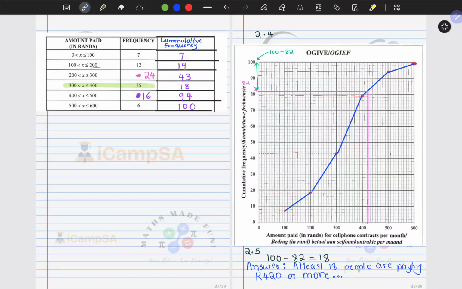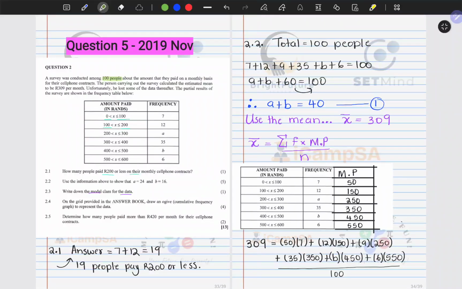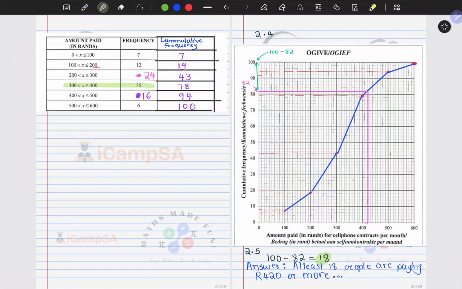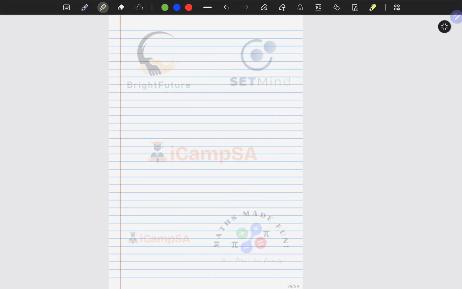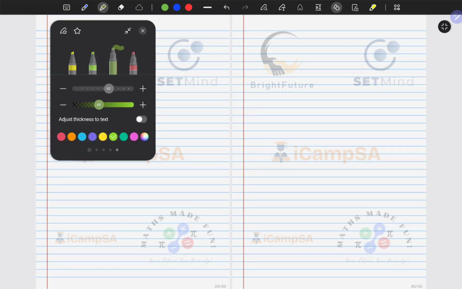Okay, so that is what we are supposed to get for this question here. Okay, so I hope that you guys understand, but really this here was our answer. And that brings us to the end of question 2.5. And this here brings us to the end of the introduction on grouped data or grouped statistics.